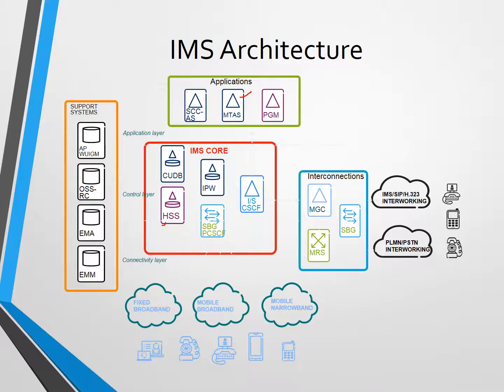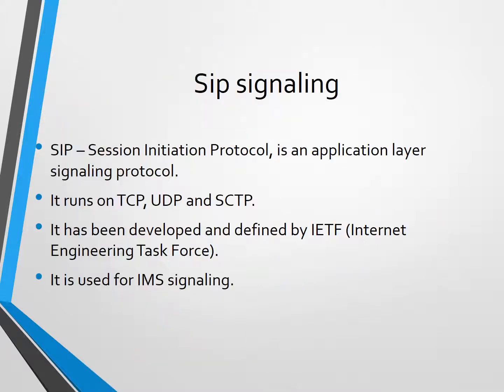We have I-CSCF and S-CSCF, and we have some other units as well. Then for the interconnection to other networks, we have a session border gateway, we have MRS, we have MGC. So this is a very basic architecture of IMS.